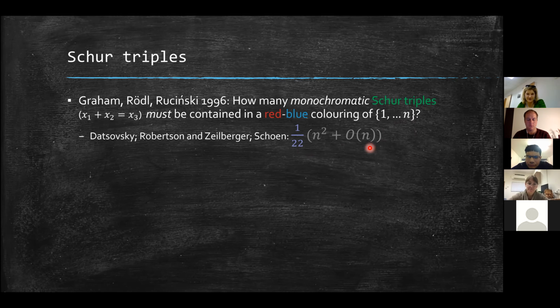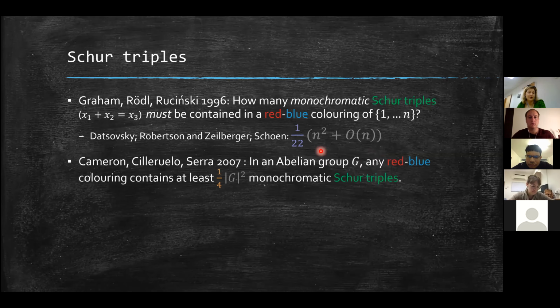But again, a key component of this problem is that there is no wrapping around, and that makes the problem more difficult. When you actually go to the group setting, the question becomes much more general, but also much simpler. So now we can consider any abelian group instead of the interval. For instance, you can consider Zn if you don't like groups, so integers modulo n.